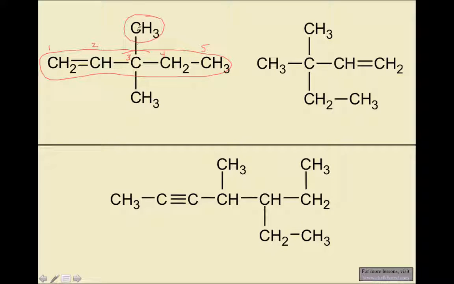Here I have a methyl group attached to the third carbon, so I'm just going to write 3-methyl. Here I have a methyl group attached also to the third carbon, 3-methyl. Alright, so as I name this, 3,3-dimethyl-1-pentene.